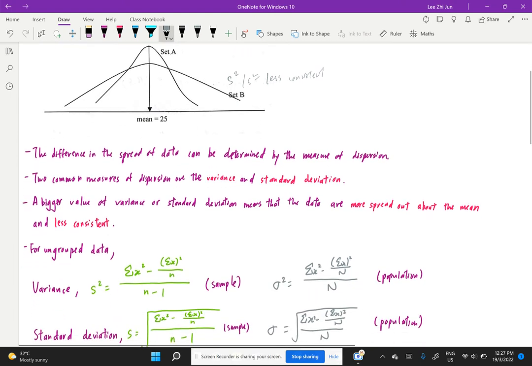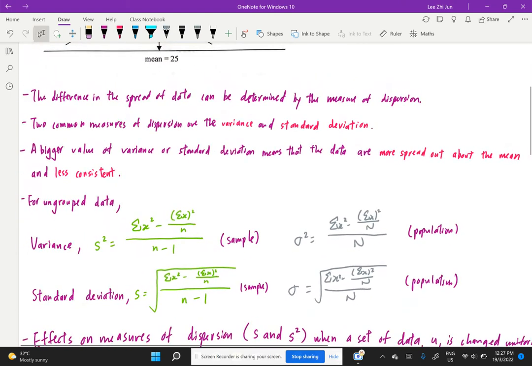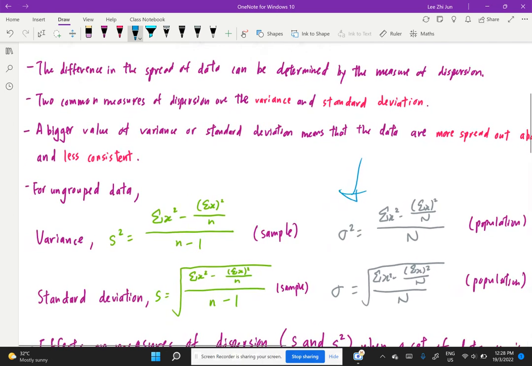For ungrouped data, we have the population and the sample, but usually we use the sample. The population is like the formula you learned in secondary school, but for the sample, you need to take the sum of the data squared, minus the square of the sum of the data, divided by n.